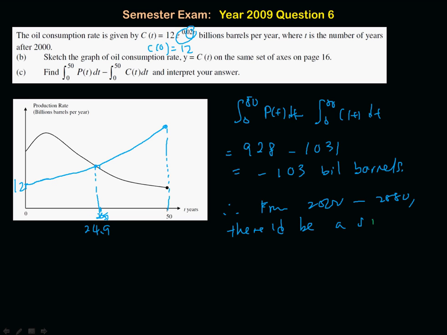This is a problem, isn't it? We keep using oil without thinking of the consequences. We still need another 103 billion barrels. So that's the interpretation of the answer, and I hope you try and do other questions, and good luck.